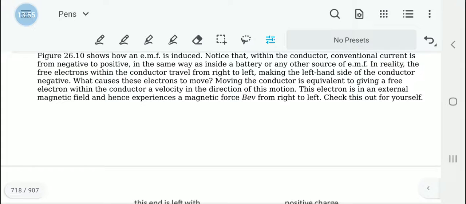The magnetic force BeV, capital B, simple e, simple v, makes the electrons move from right to left, leaving the left negatively charged and the right deficient of electrons and positively charged.